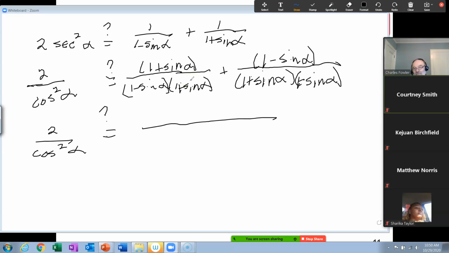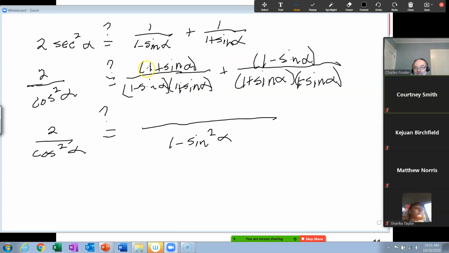A lot of times I don't want to do that, but this time I do. This is 1 minus sine alpha times 1 plus sine alpha, which gives 1 minus sine squared alpha. Whenever you multiply conjugates together, you get the difference of their squares. You know that. Well, let's add the numerators now.